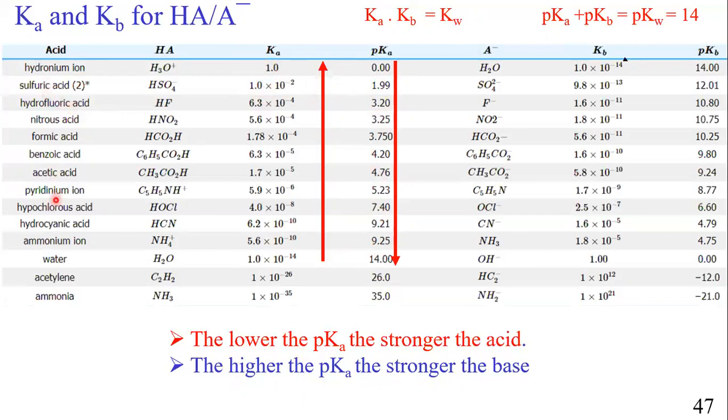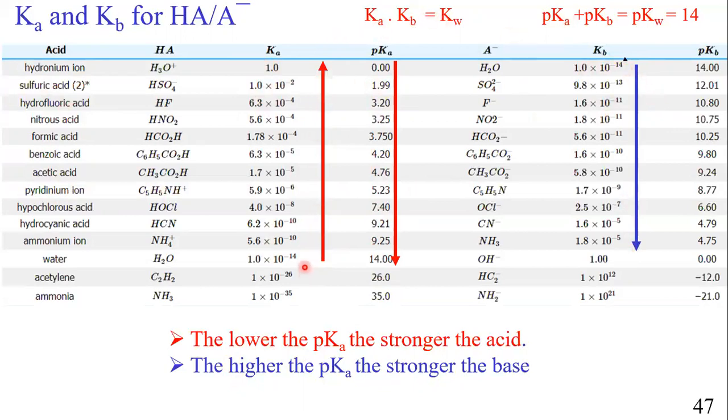When they're weak acids, they're never strong. We already know the 6 strong acids, and you should know them. Now, as my Ka increases, look what happens to the Kb value. It decreases, of course, relative to this equation.